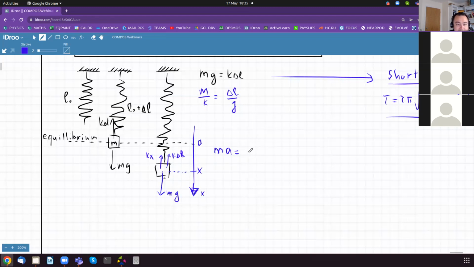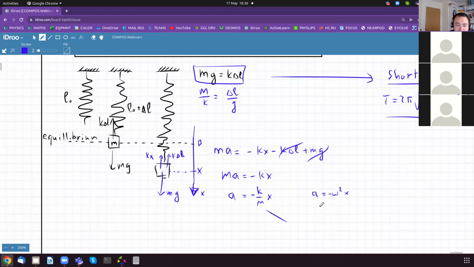So ma equals minus kx minus k delta L plus mg. But from here, we've learned that mg is k delta L, so these cancel out. So we have ma equals minus kx, and acceleration is minus k over m x. And we remember that acceleration is minus omega squared x.